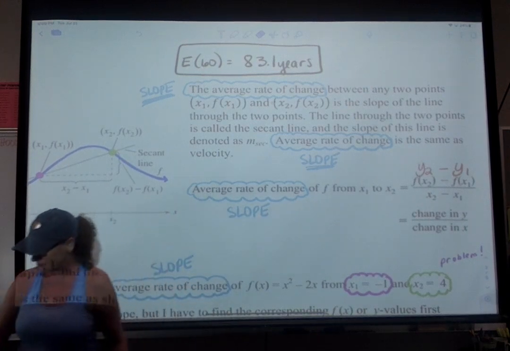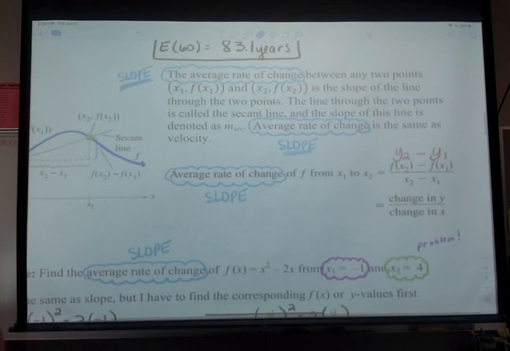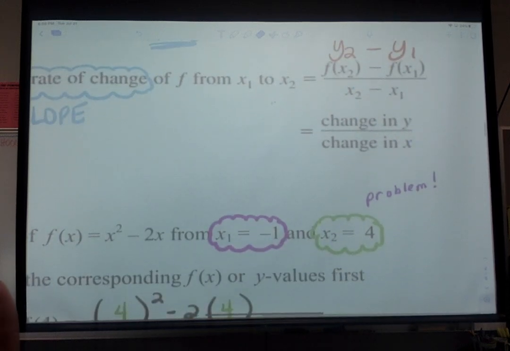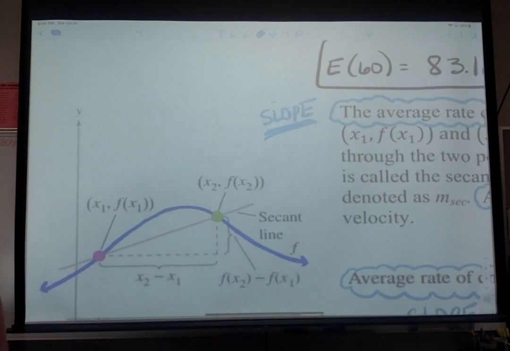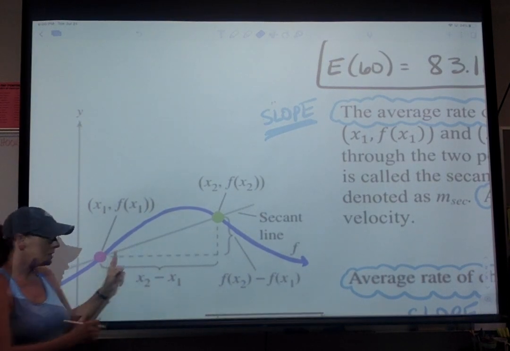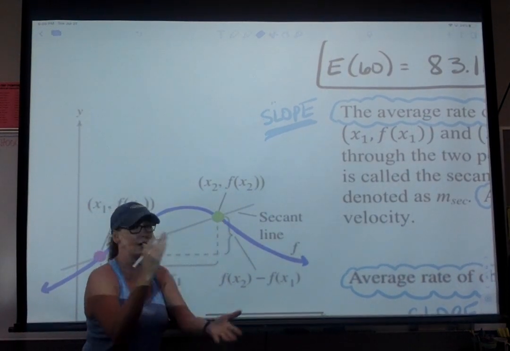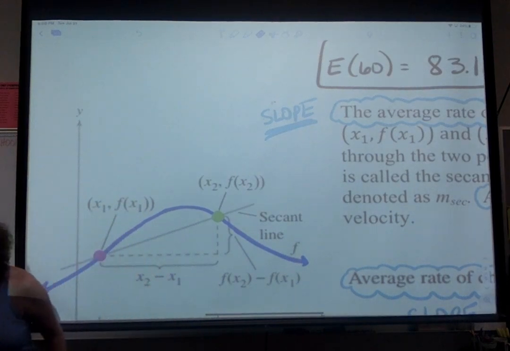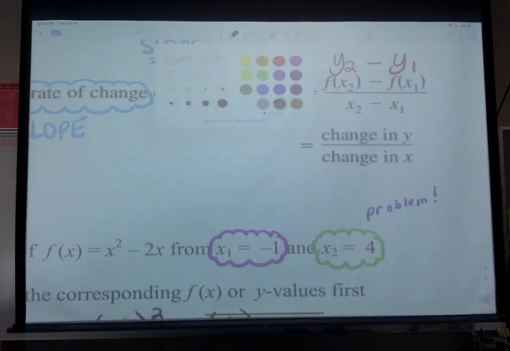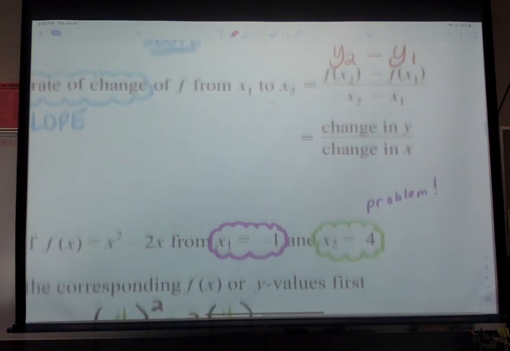Slight problem. Can you see what the problem is? I know if I give you the coordinates of the pink point and the coordinates of the green point, you can do slope. Didn't I give you the coordinates of the pink point and the green point? Well, not exactly.